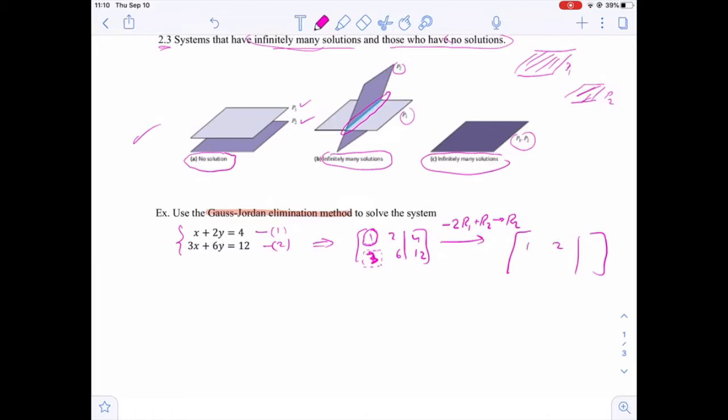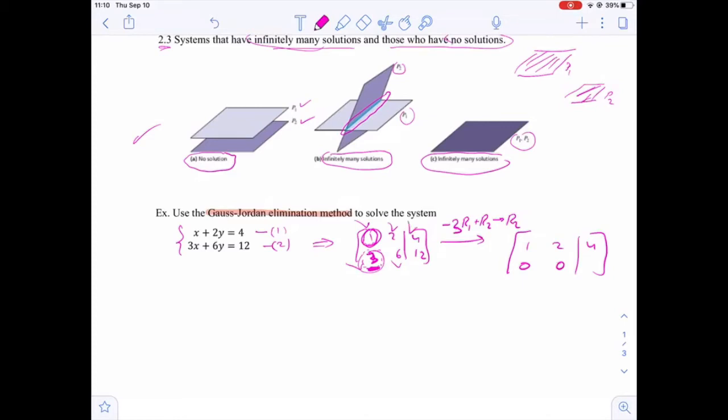So we have 1, 2, 4. When we multiply by -2, -2 times 1, -2, or I should multiply by -3 because we want to make this 3 equal to 0, so that can happen by adding -3. So when we multiply 1 by -3 and add it to the next row, we get 0 here, and multiply 2 by -3, you get -6, add it to 6, you get 0.